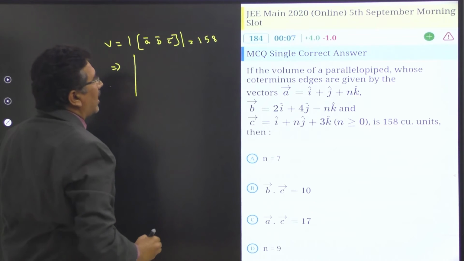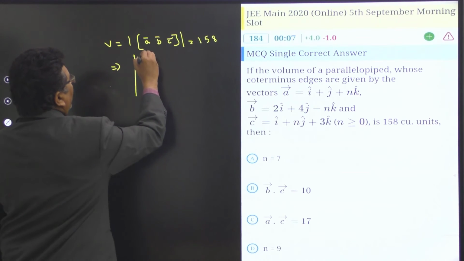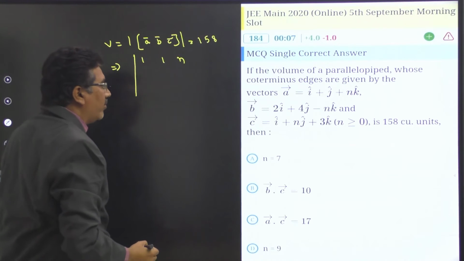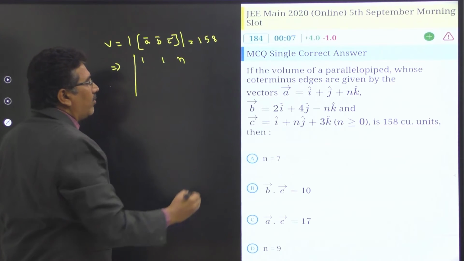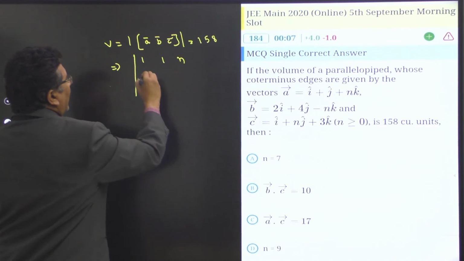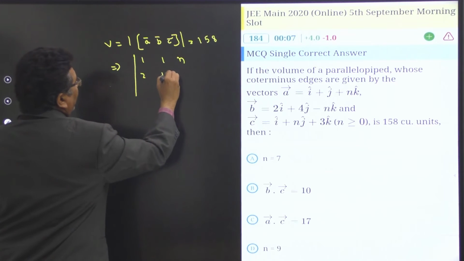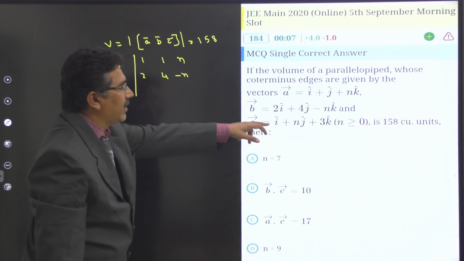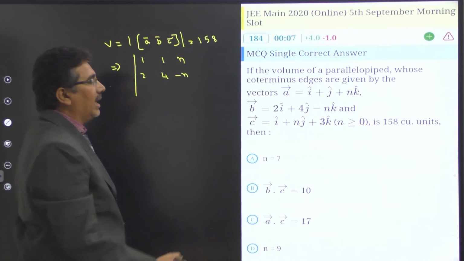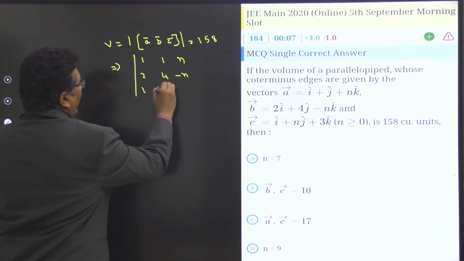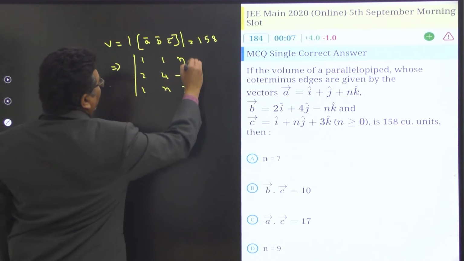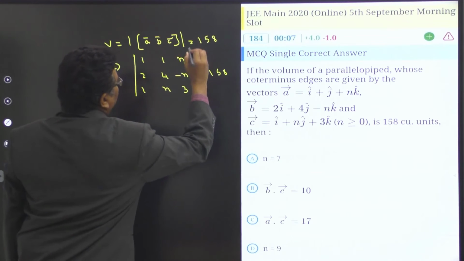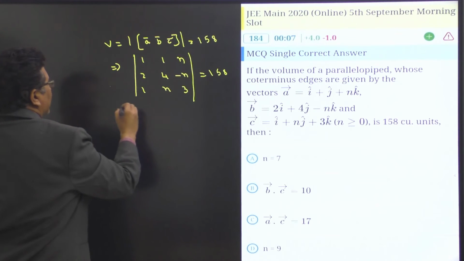The components of a bar are 1, 1, n. The components of b bar are 2, 4, minus n. The components of c bar are 1, n, 3, and this is equal to 158.